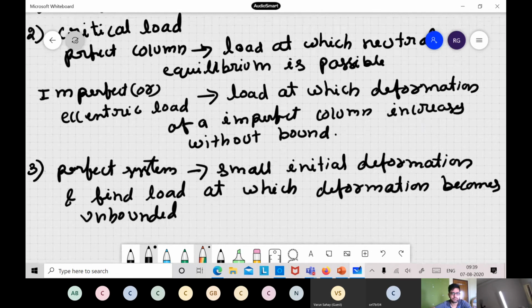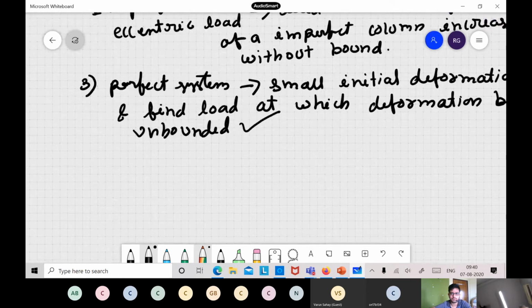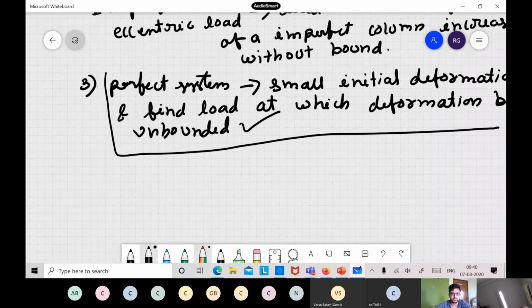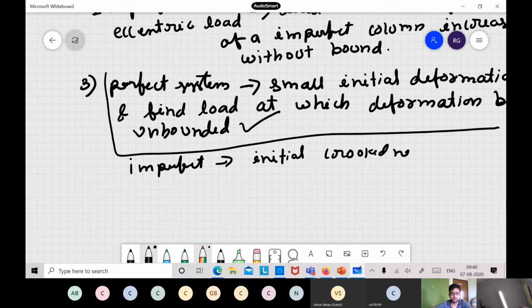But if you want to use this definition for an imperfect column, there is no need to give any deformation actually. It already has some initial crookedness or load eccentricity. The deformation is already embedded there.